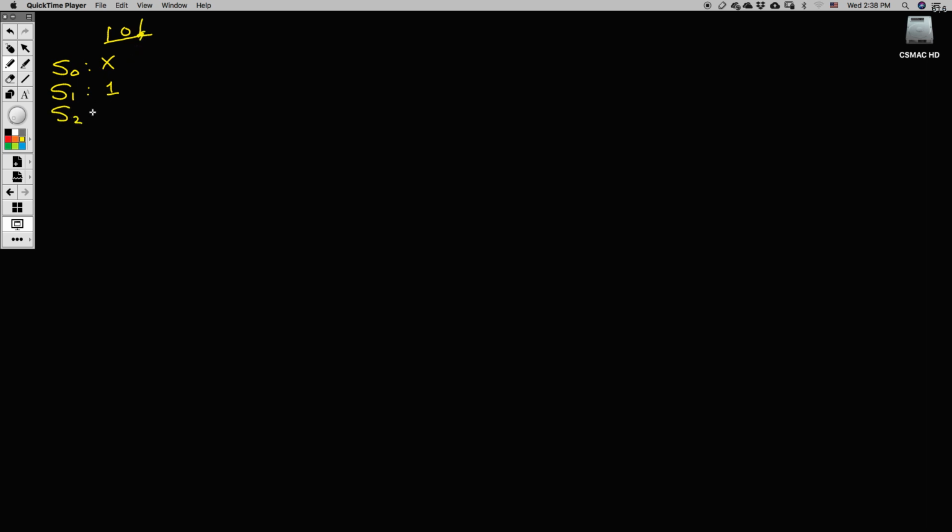And state 2, 1 and then 0 have been received. At this moment in state 2, if I receive 1, I say I've detected the bit pattern. So let's draw the state diagram. Since we have 3 states, we draw 3 circles. Circles represent states. So this is state 0, state 1, and state 2.